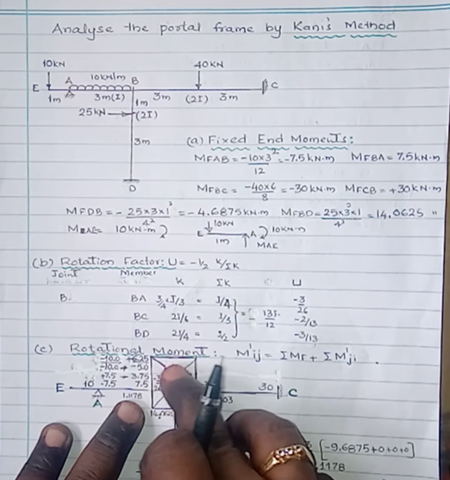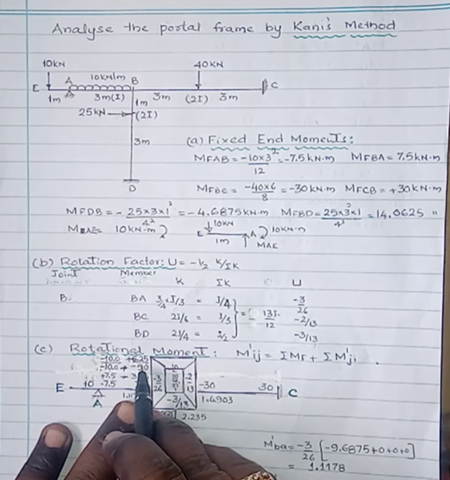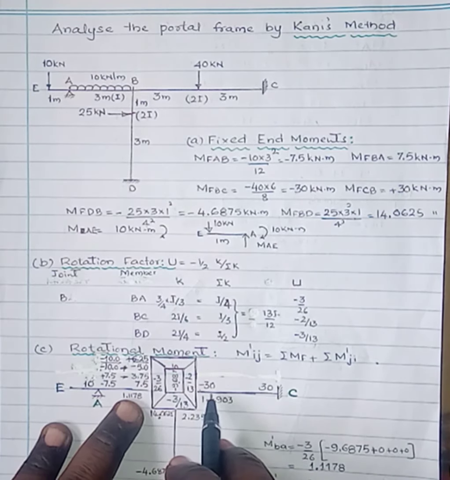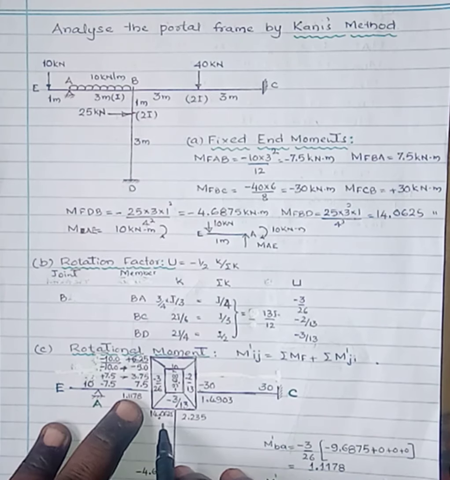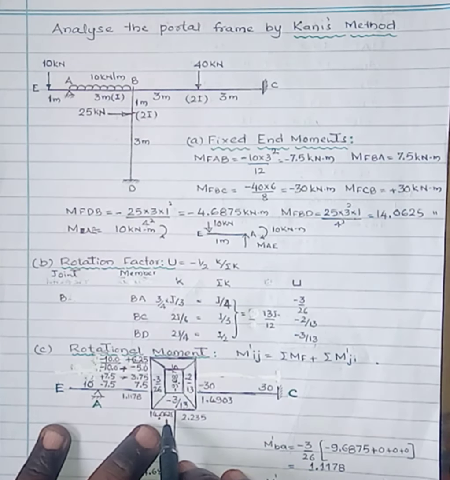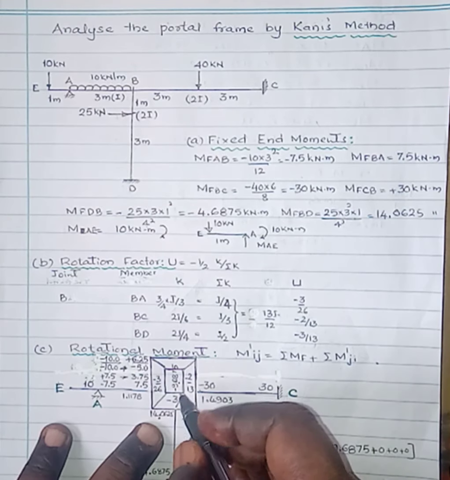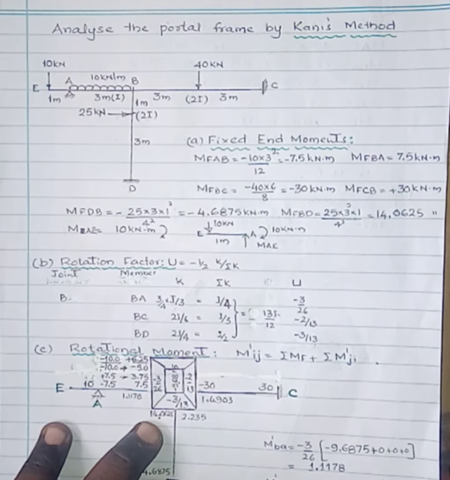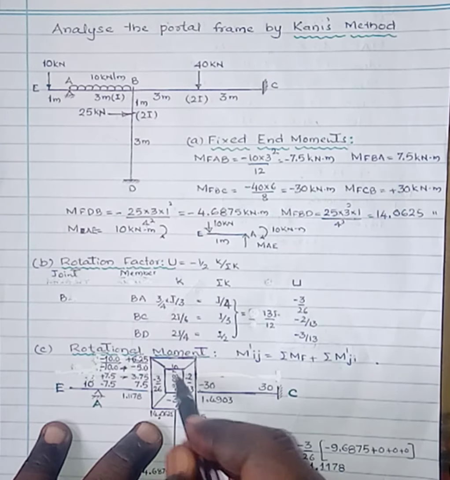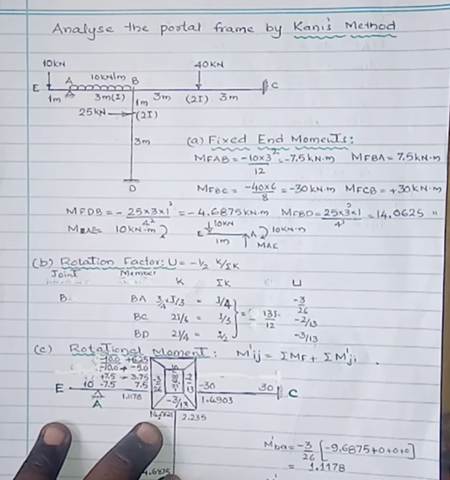The sum of the moments at this joint is 6.25 plus minus 30 plus 14.0625. Adding all these, you will get minus 9.6875 as the sum of the fixed end moments at this joint. We have to write it inside this rectangular box.